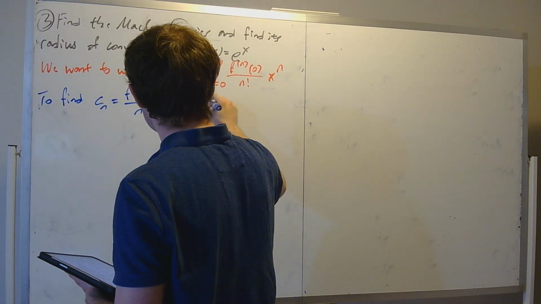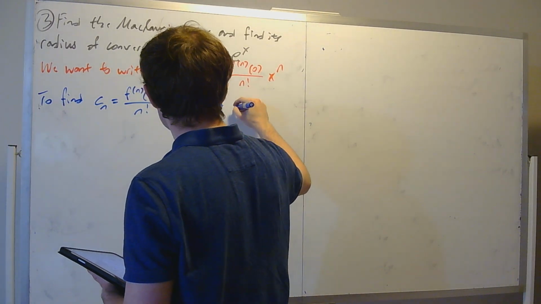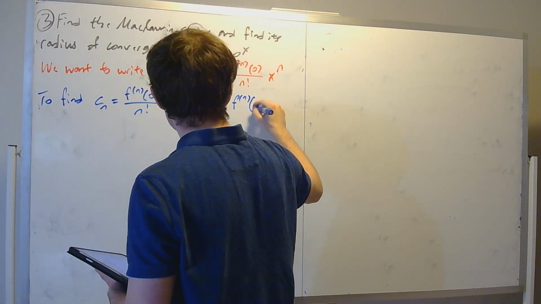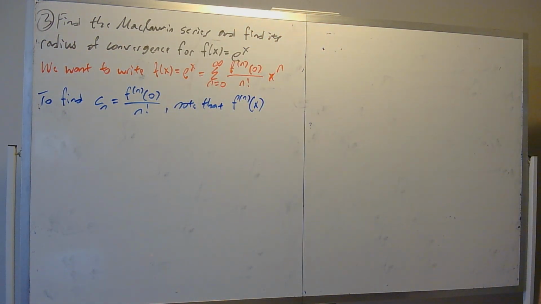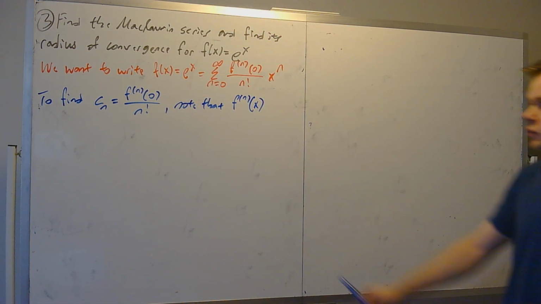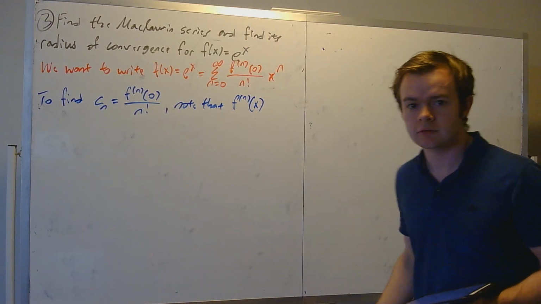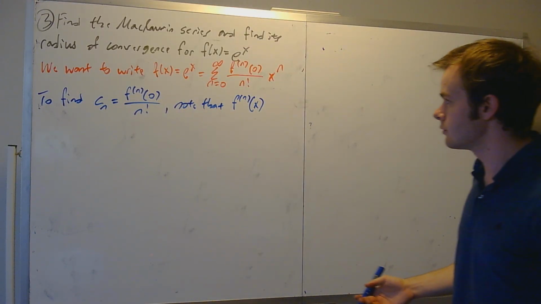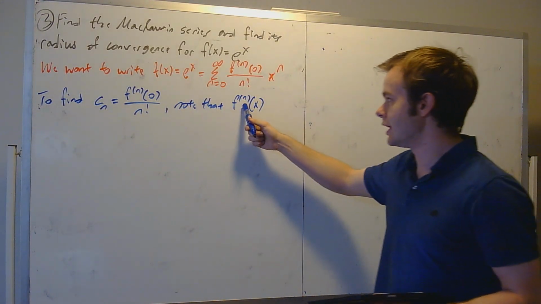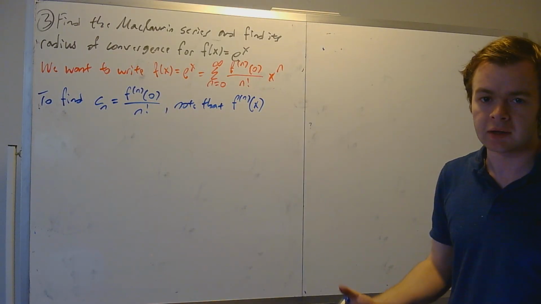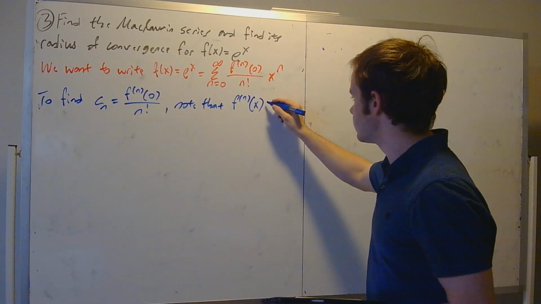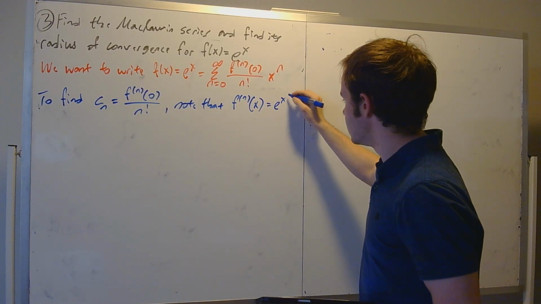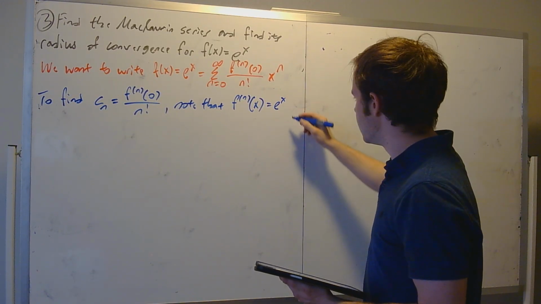Note that. So let's think about what happens whenever we try to take the nth derivative of e to the x. Well, what's the derivative of e to the x? It's just e to the x. So if we take the derivative n times, well, it doesn't matter how many times we take it, we're still going to have e to the x. Right, so this is still going to be e to the x for all n.